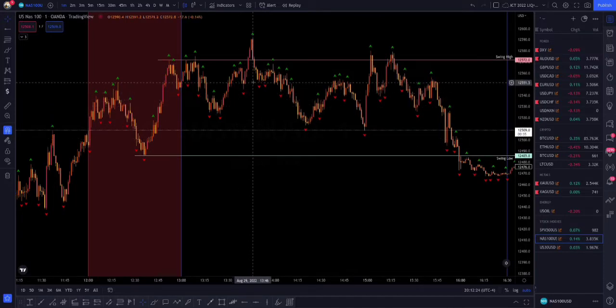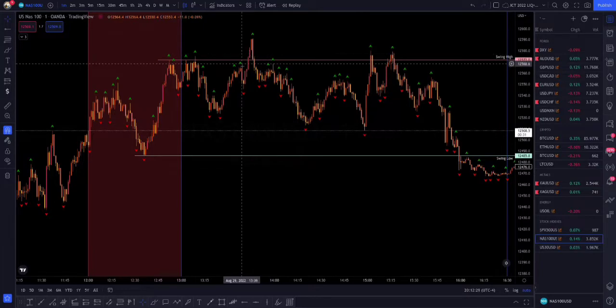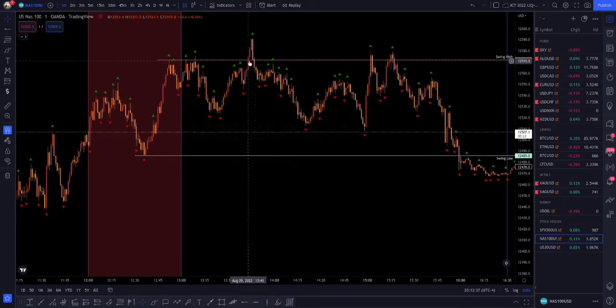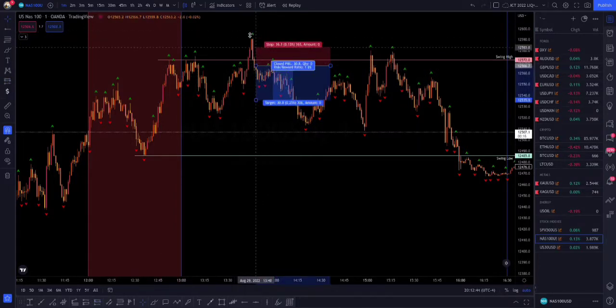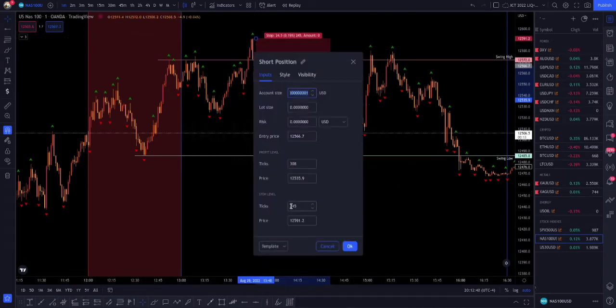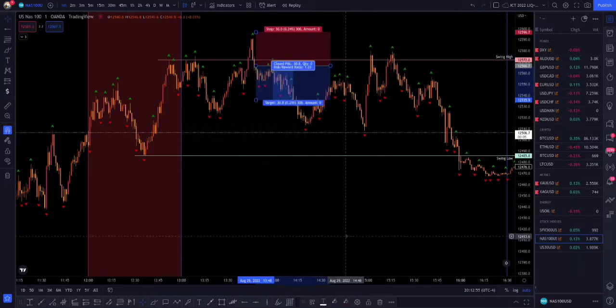And I waited for the setup again. I was like, okay, timing was just off. So it came back up, dropped down, gave me a break of structure right here. I was eyeballing this imbalance right here, so I wanted the market to come back up. I added 5 pips, I always go extra.